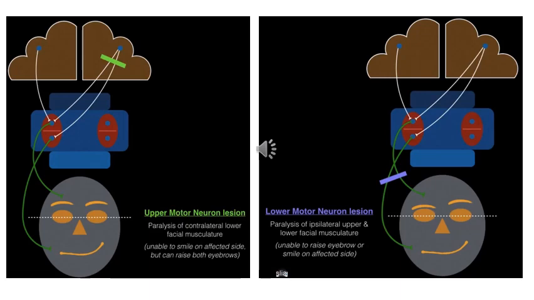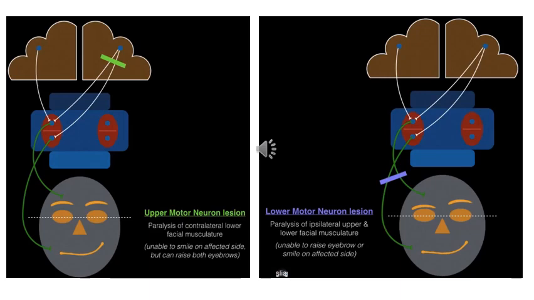But you can see one connection to the dorsal nucleus from the same side of the brain. That supplies the upper face, that is the eyebrows, the frontalis muscle and the upper part of the orbicularis oculi, and that has a central connection from the ipsilateral side.